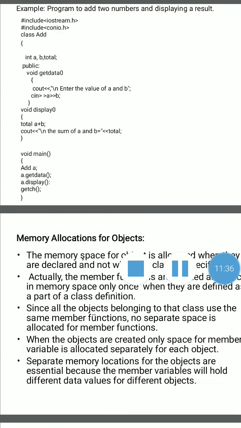In class add, we declared the variables a, b and total, and also the get data function and display function. So for object a, memory is created for variable a, variable b, variable total, the get data function and the display function.